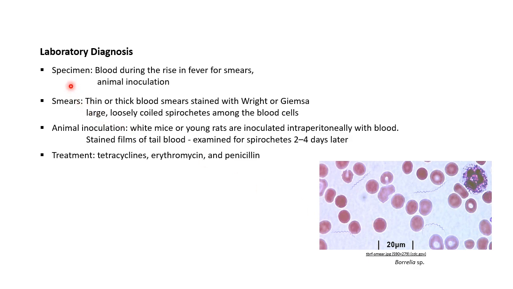The specimen can also be used to inoculate animals, and after 2 to 4 days, the blood from the white mice is stained and examined for the presence of the spirochetes. Treatment would include tetracyclines, erythromycin, and penicillin.